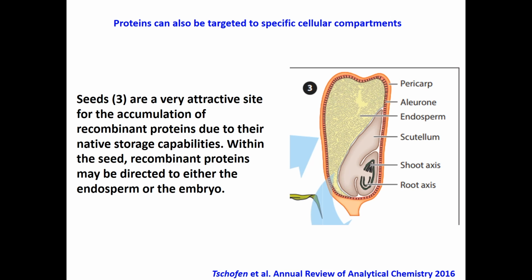Within the tissue you have different compartments, and you can express the recombinant protein specifically in these compartments. Seeds are a very attractive site for the accumulation of recombinant protein due to their native storage capabilities. Within the seed, recombinant proteins may be directed to either the endosperm or the embryo.